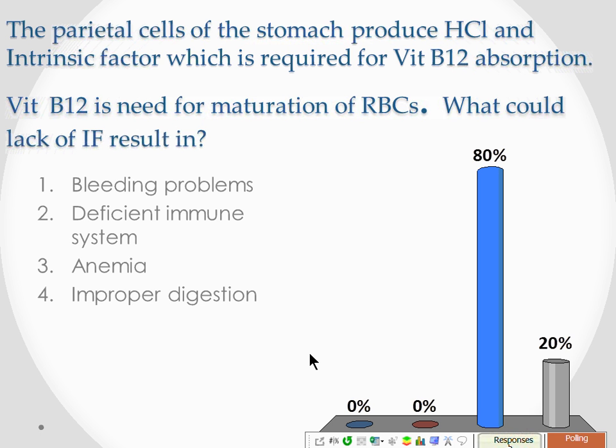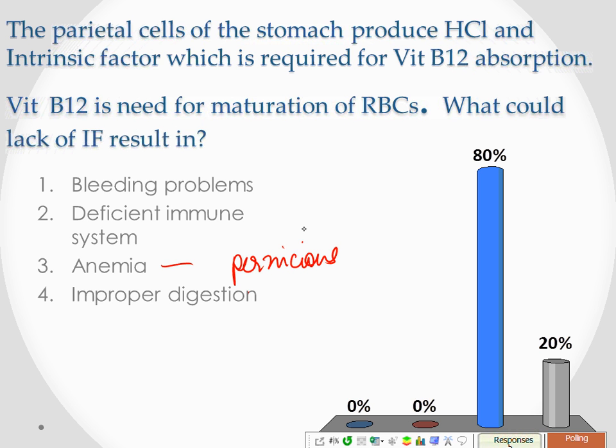Anemia, yes. Vitamin B12 is responsible for maturation of red blood cells. So if intrinsic factor is less, then you won't absorb B12, your red blood cells will not mature, and you will get a type of anemia known as pernicious anemia.